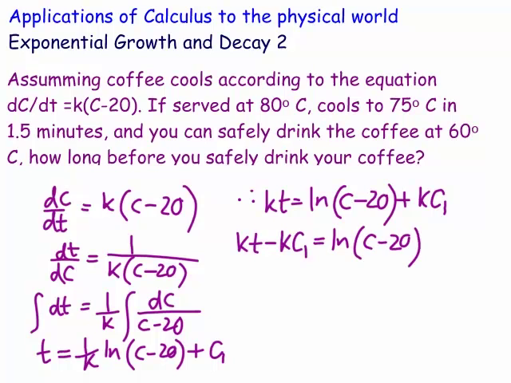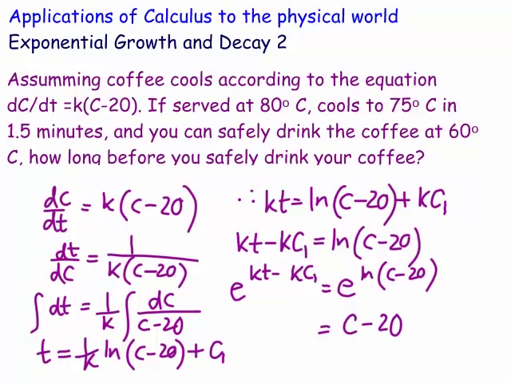Then we raise everything to the power e, and we end up with e to the kt minus kc1 equal to e to the ln(C minus 20). As hopefully we remember, these are inverse functions, and this will just equal C minus 20.